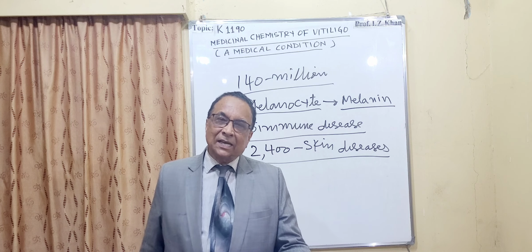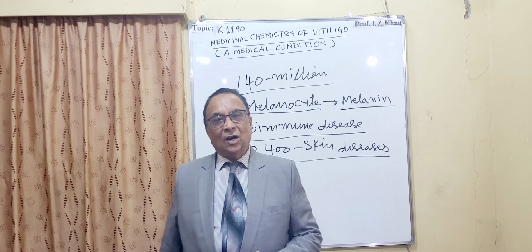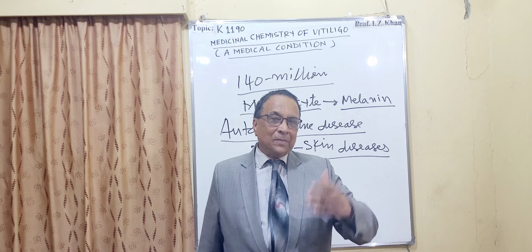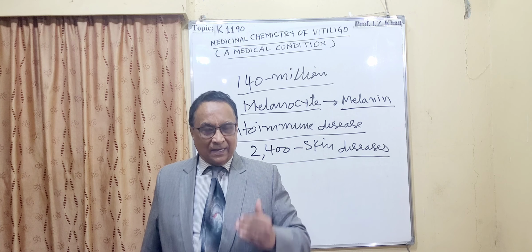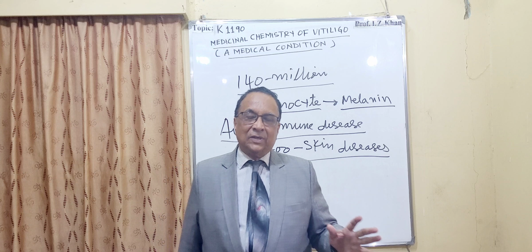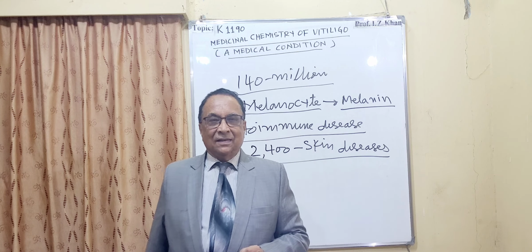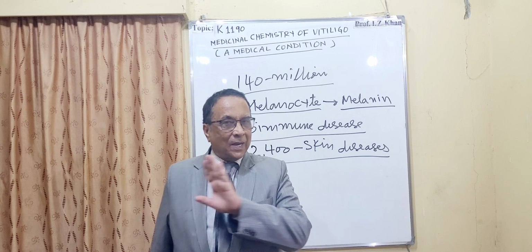So pigmentation is also an autoimmune disease. It is not like leprosy or syphilis. Those are bacterial; one can get the infection once they come in contact. Otherwise, leukoderma, vitiligo, is a medical condition of pigmentation, discoloration, depigmentation, not bacterial or viral.